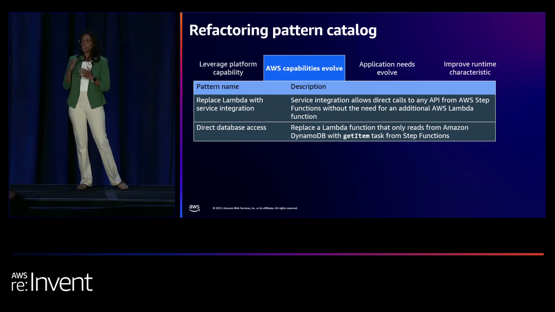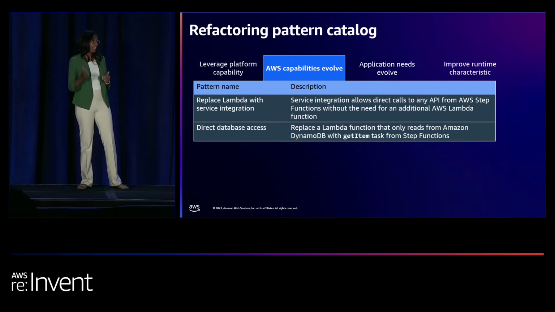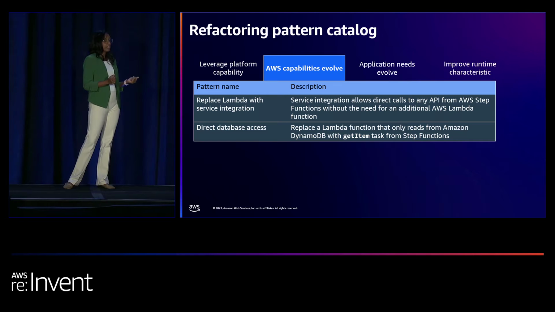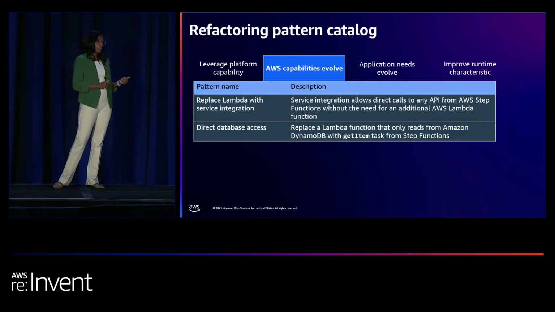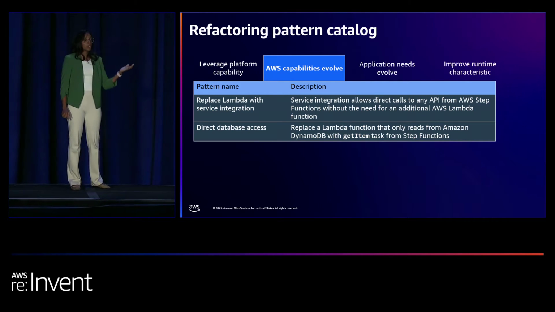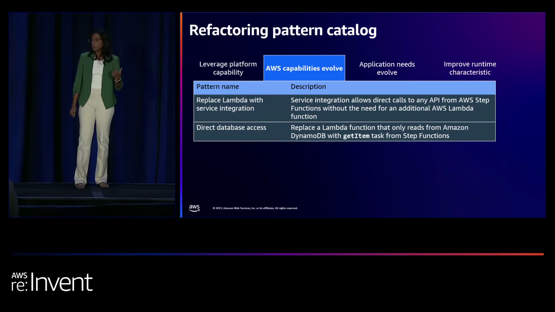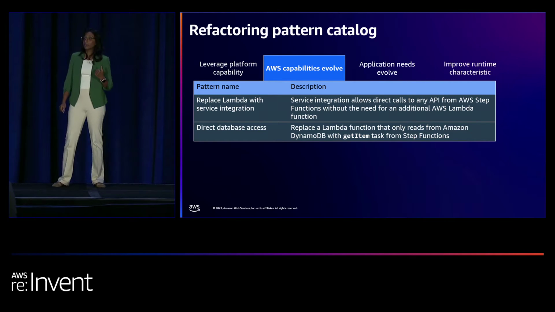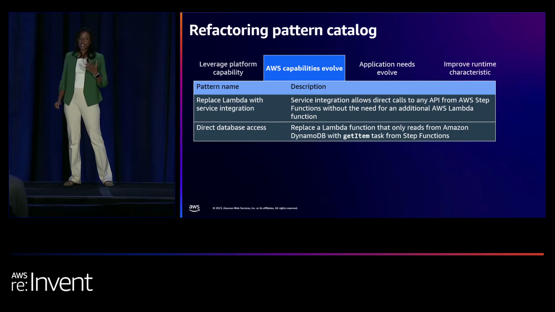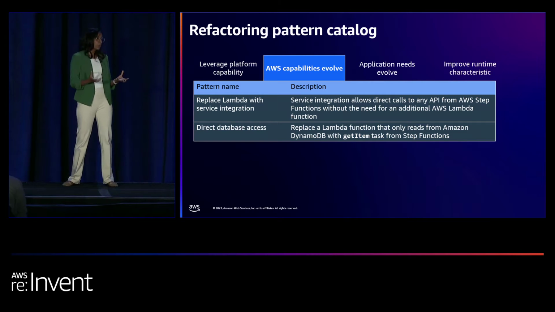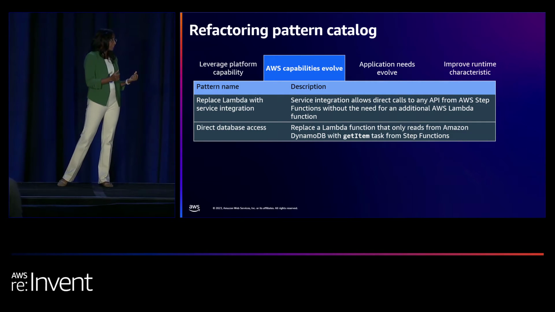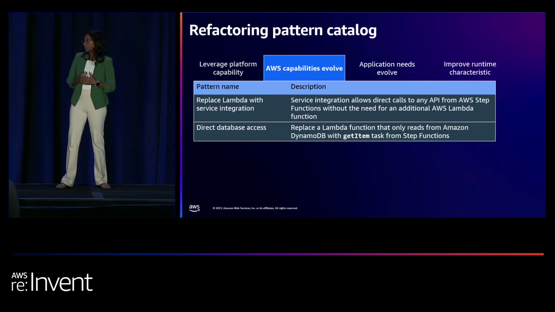From Step Functions, you can directly call the Rekognition API, eliminating the need of a Lambda function. Likewise, from Step Functions, you can directly read DynamoDB tables, again eliminating Lambda functions. This means there are fewer moving parts, less code to maintain, lowering your cost.